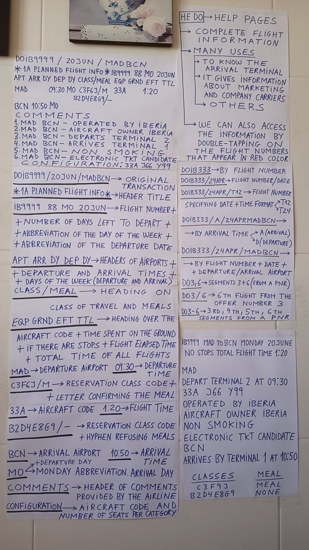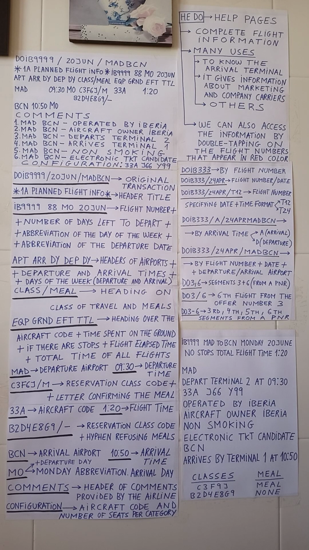And the letter M is the letter used to confirm that class 3F6J includes food on the journey.